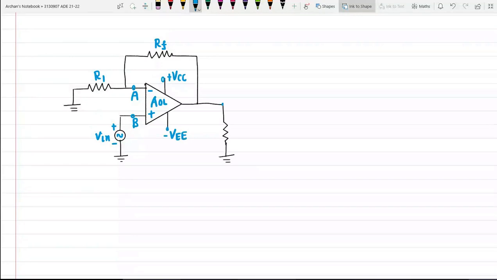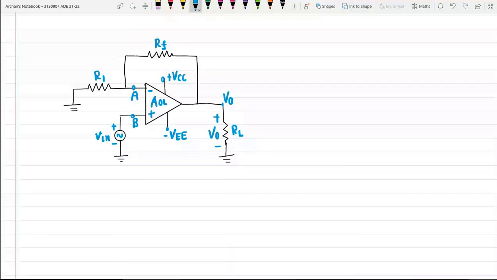And at this terminal, say pin number 6 of IC 741, we will get some output voltage across this load resistance. Okay, so this will be the output voltage, right? So this is the simple circuit diagram of practical non-inverting amplifier.